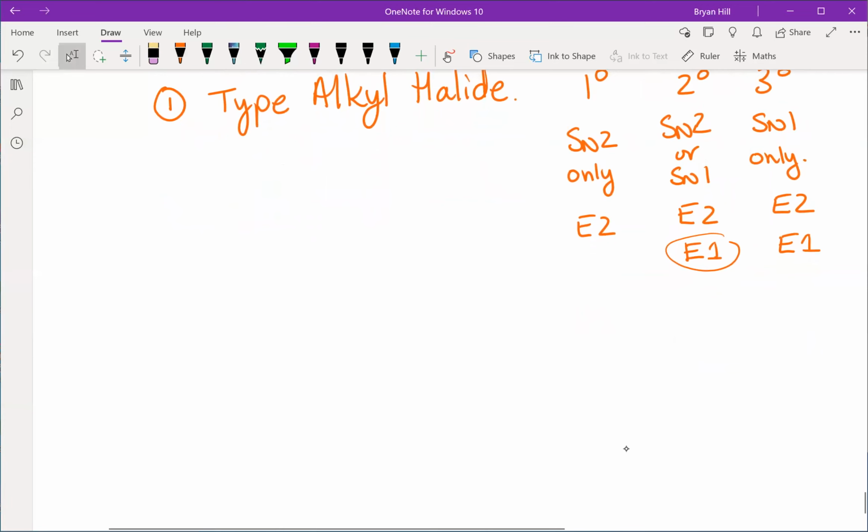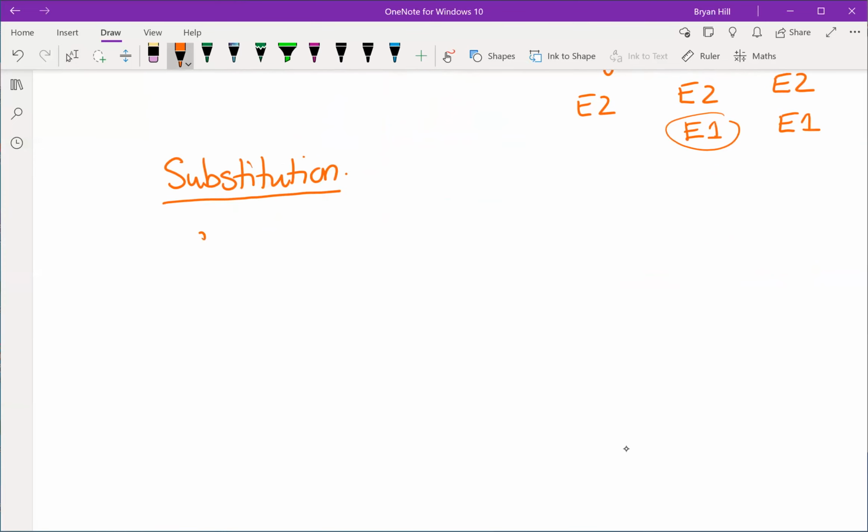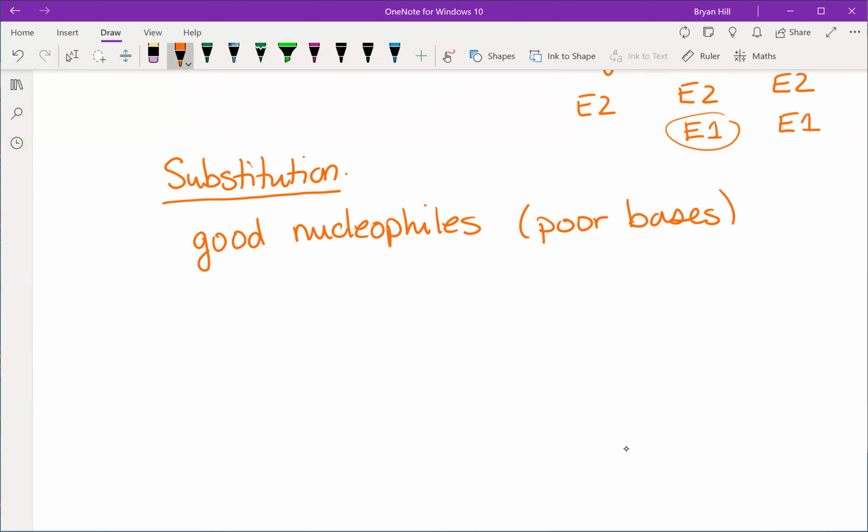So if you want to do a substitution, what we want to use are good nucleophiles and, said another way, poor bases. Something that isn't going to behave as a base, but it could be an excellent nucleophile.